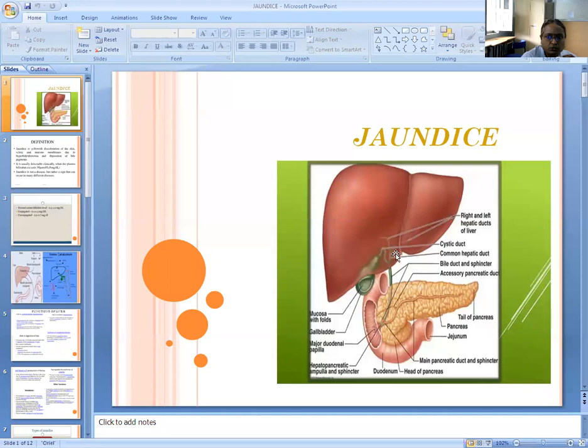These are the two hepatic ducts which form the common hepatic duct, and the cystic duct joins to form the bile duct. Then there is an accessory pancreatic duct, and this is the main pancreatic duct. Head of pancreas, second part of duodenum, this is the jejunum, this is the pancreas, this is the tail of the pancreas.